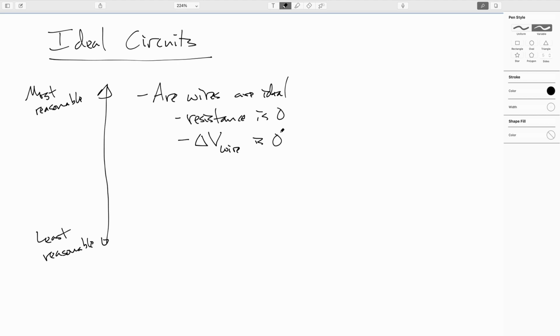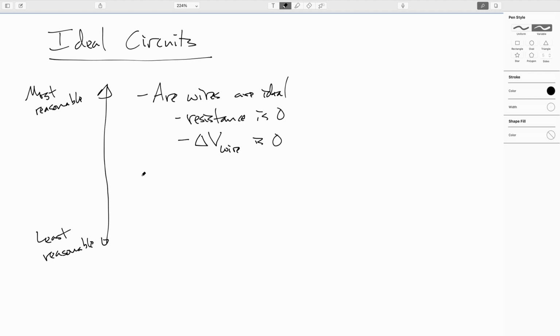That's an awful lot of wire, and even if you make that wire really fat, and they do, the resistance is definitely not 0, and that is something that you do have to worry about at that point. But we will cross that bridge when we talk about AC circuits later on.